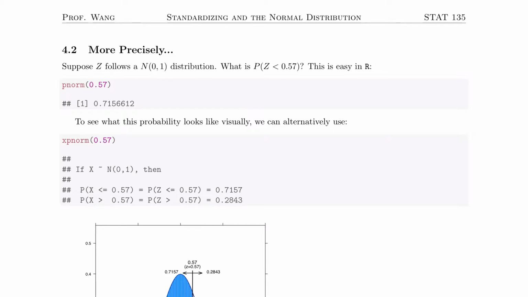Okay, and this probability that z is less than 0.57 is essentially asking what's the probability that some normal random variable generates a value that is 0.57 standard deviations above the mean or less.